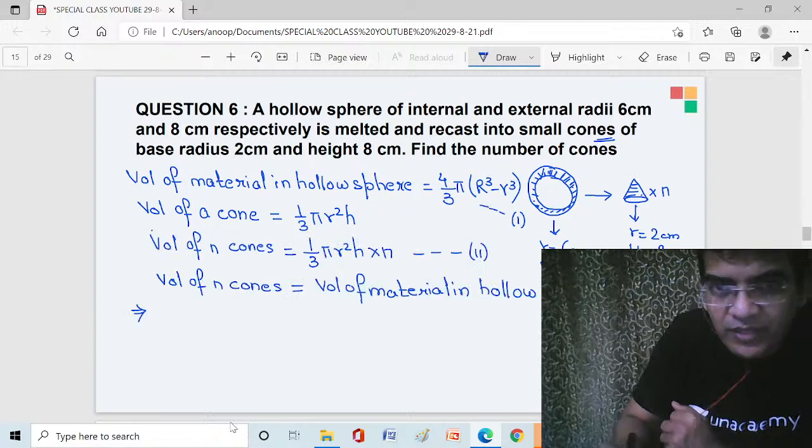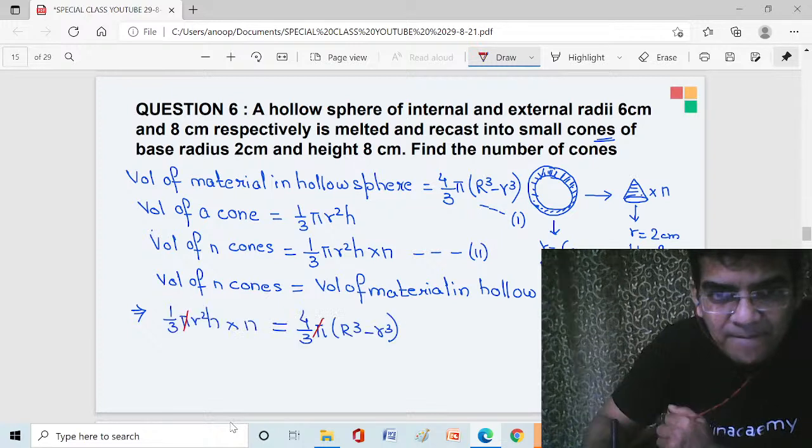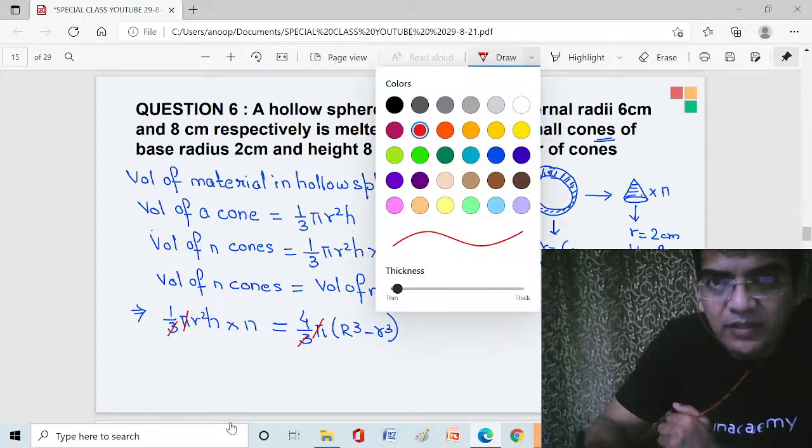Volume of n cones is this, and this will be equated with the volume of material in a hollow sphere, that is 4 by 3 pi, R cube minus r cube. Now before substituting the values, you can see over here that this pi upon 3 can be cancelled out. So we have cancelled it out.